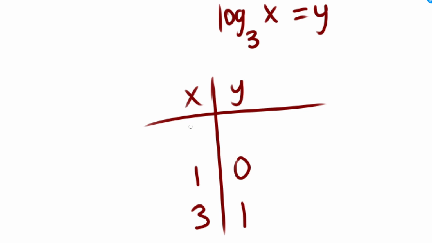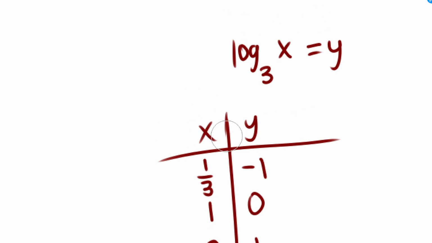And if we have 1/3, it'll be -1. Hold on, now I'm confusing myself. So, log base 3 of x, yes, 1/3 is going to be at -1 for our x.